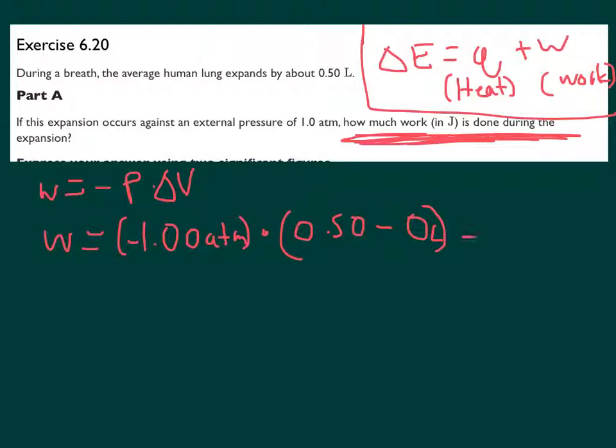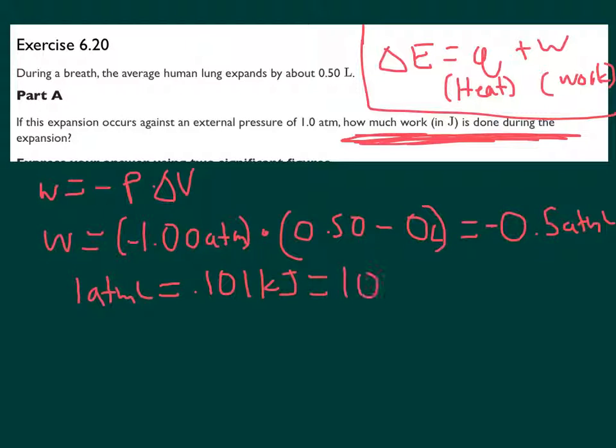What does this value equal? Just simply 0.5 atm L. As earlier we learned, 1 atm L equals 0.101 kilojoules. So that means it equals 101 joules, because the question wants the answer to be in joules.